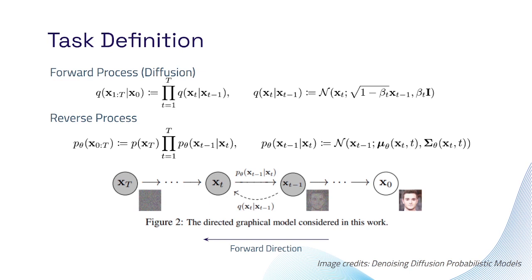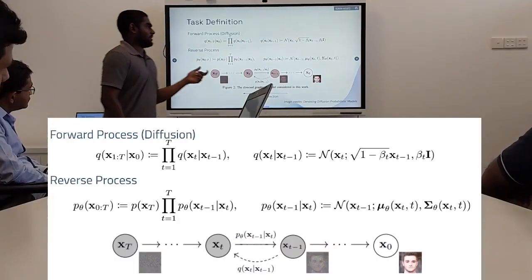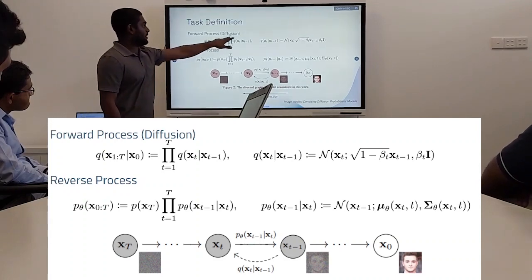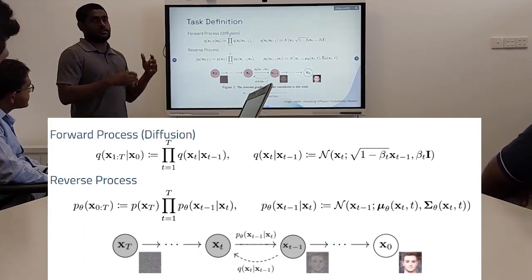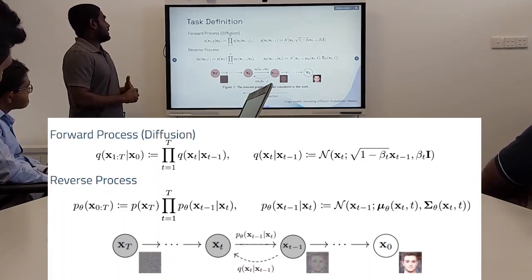Just take a look at this equation. You might not understand this directly, but we will come to that. What we essentially are doing is the forward process. Here x0 is considered as the image, and xT, that means x capital T, is considered as the standard Gaussian noise.